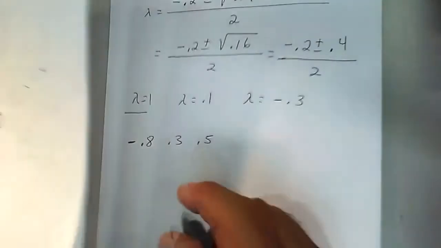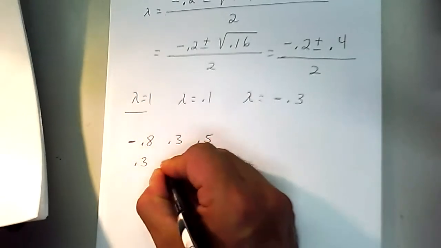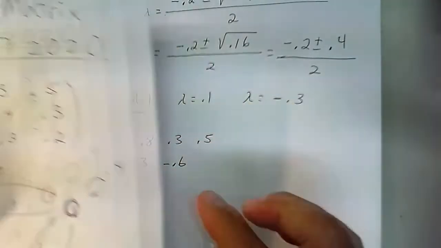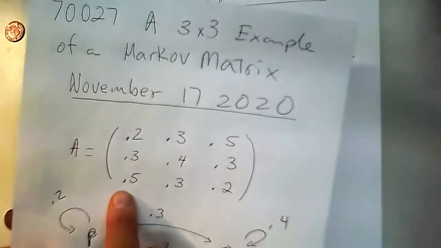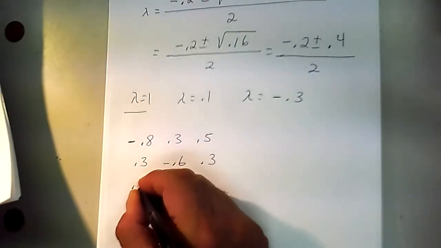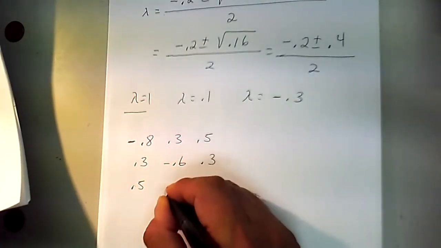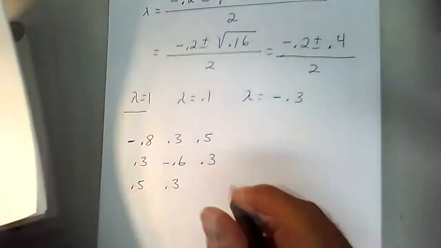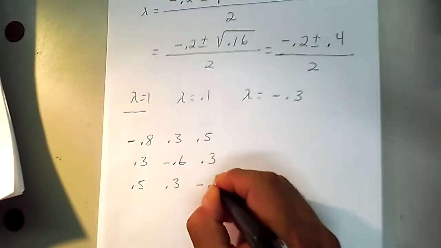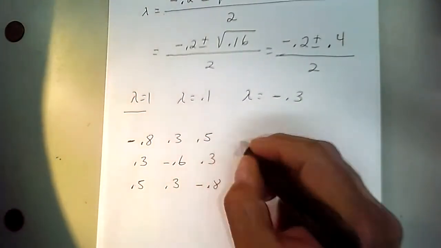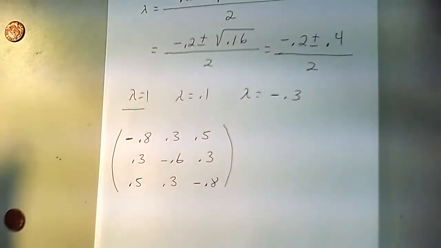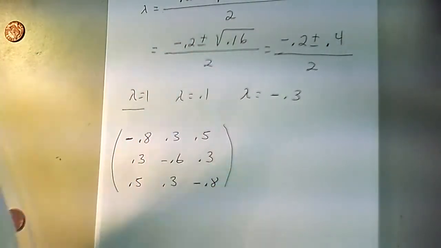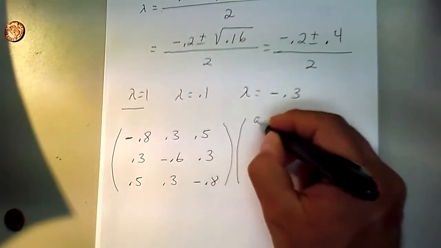Then 0.3, 0.3, negative 0.6, because we're subtracting 1, 0.3. And then 0.5, 0.3, and negative 0.8. So this is the matrix corresponding to A, B, C.